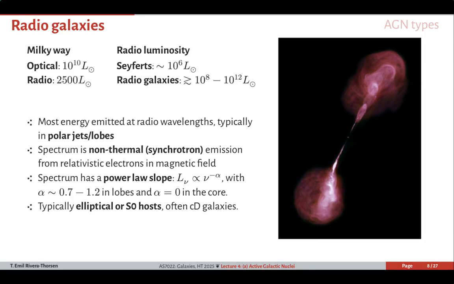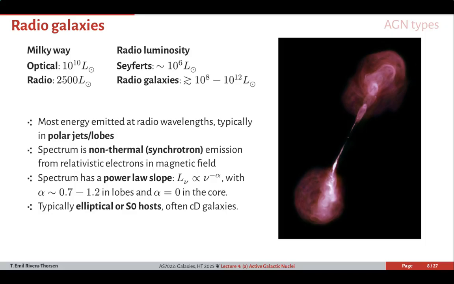The spectrum of these radio waves has a power law slope, with the luminosity as a function of frequency being proportional to the frequency to the power of the slope alpha, with alpha being somewhere between 0.7 and 1.2 in the lobes and about 0 in the core.